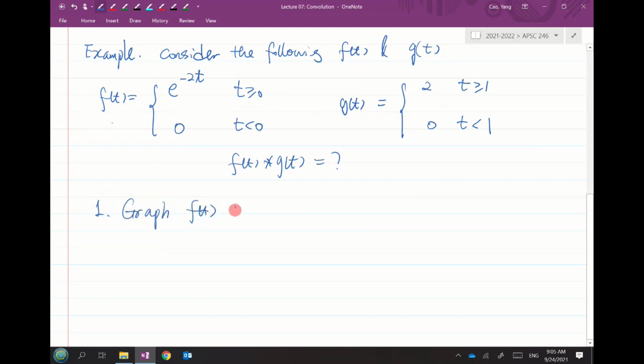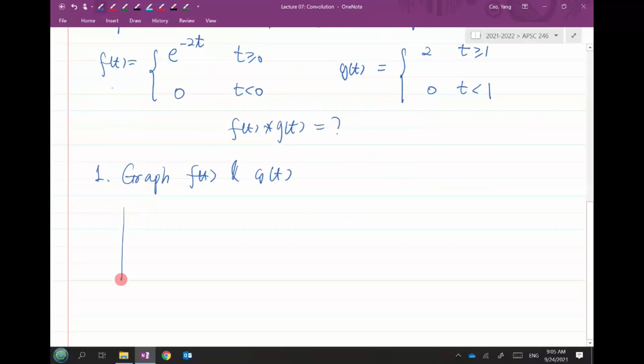So the first step: graph f of t and g of t. I'm just going to graph over here, and then this one over here. This is an exponential decay function. To graph this, let's say you set t equal to 0. Of course, you get a 1. And as t goes to infinity, this term goes to 0.